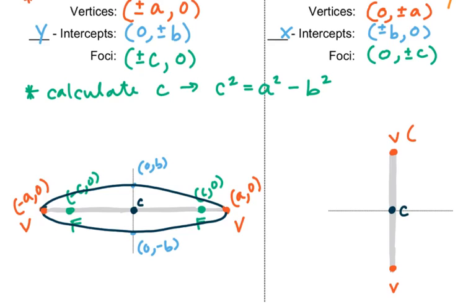I'm moving up and down. So I have 0, comma positive a, 0, comma negative a. My foci are also going to be traveling out a distance on that major axis. I've got foci in either direction. I have 0, comma positive c and 0, comma negative c.